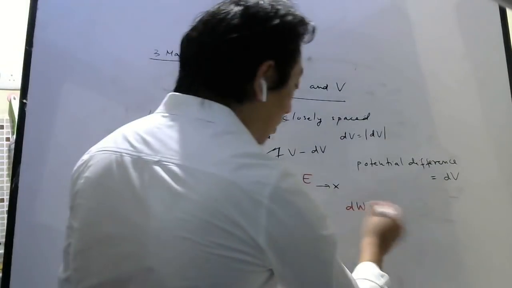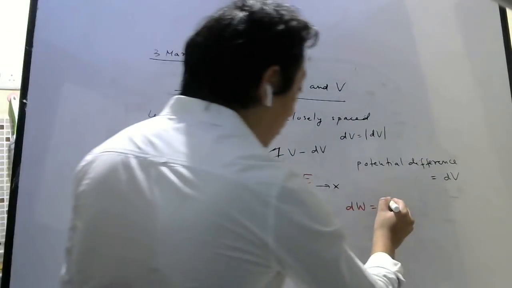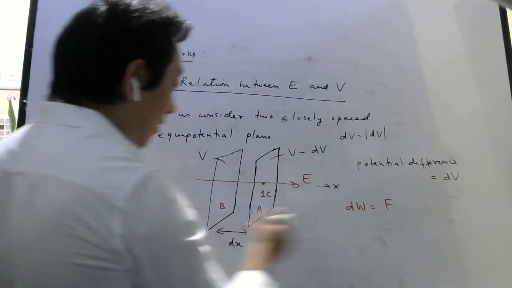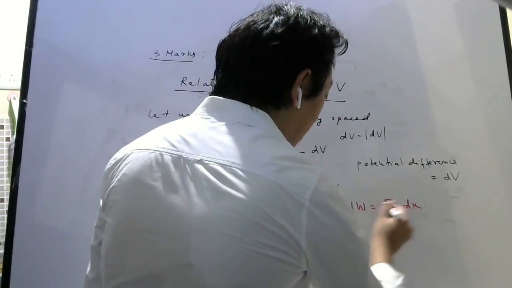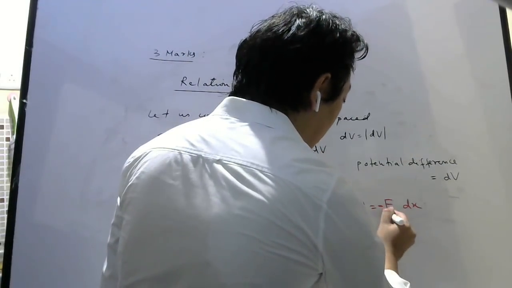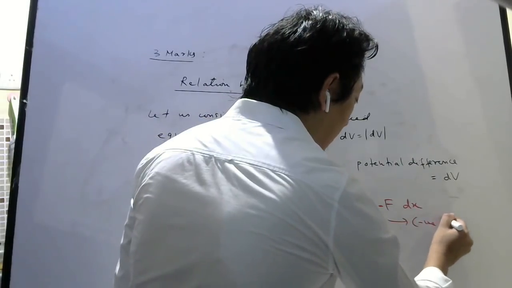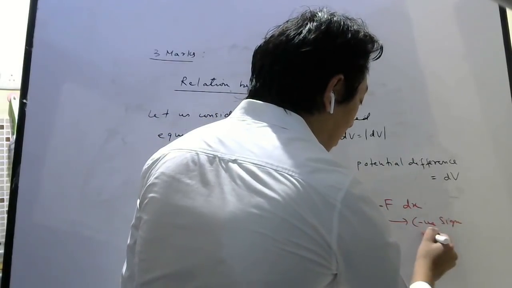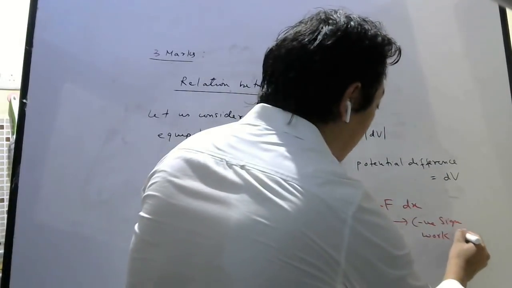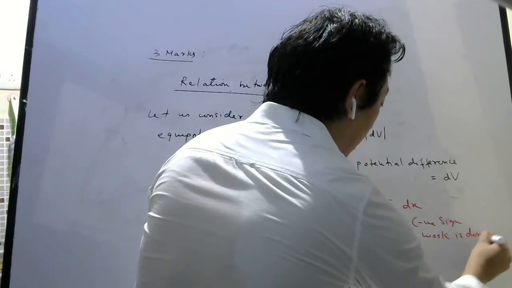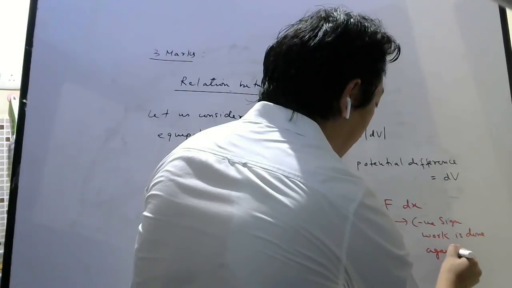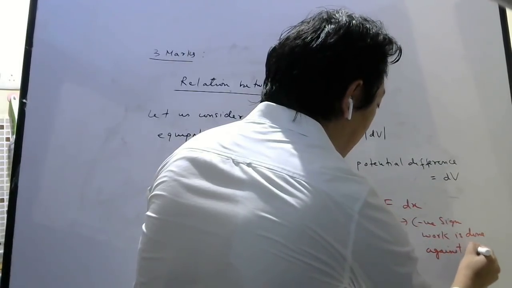That work done will be, if you remember, force into displacement. And if you remember, we write a minus sign, because the negative sign means, as I have told you, work is done against the field.